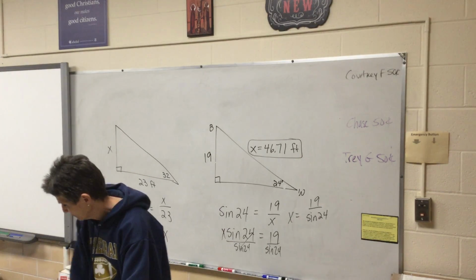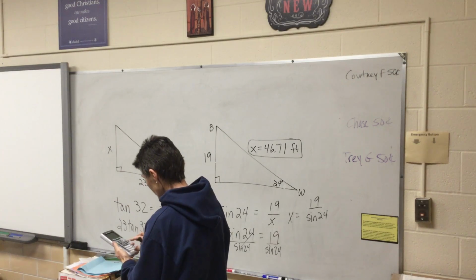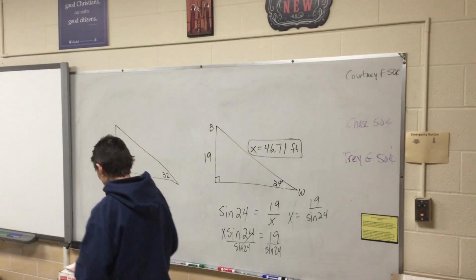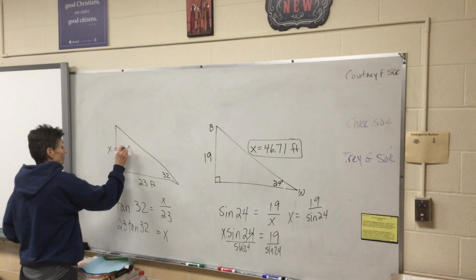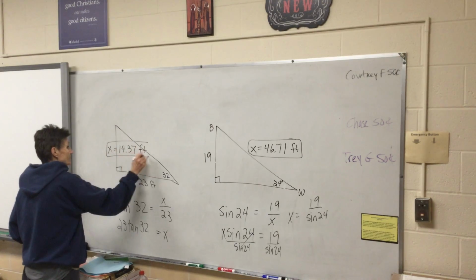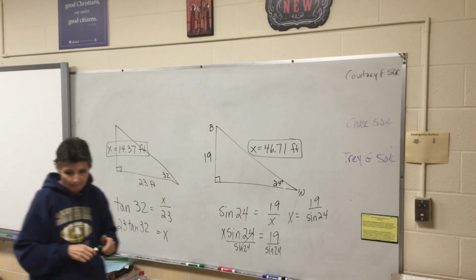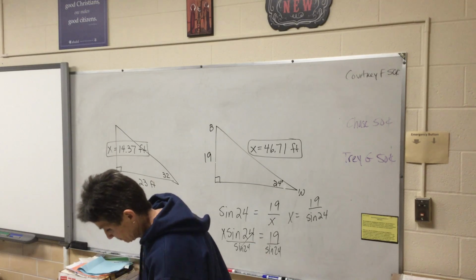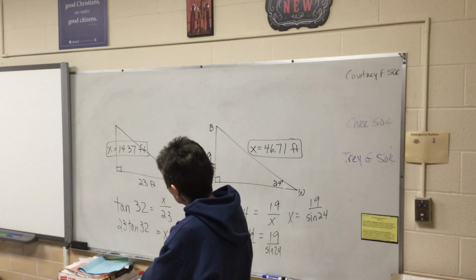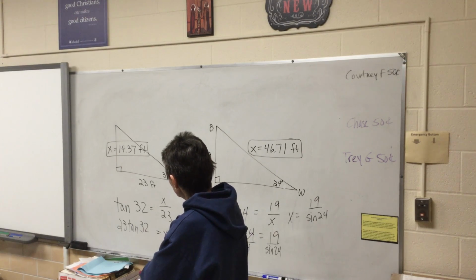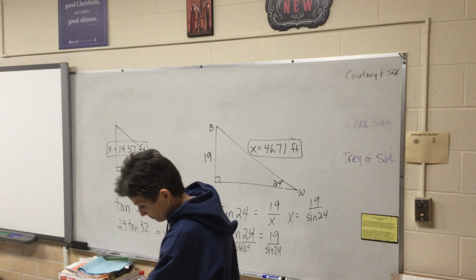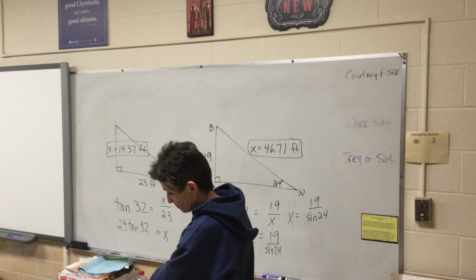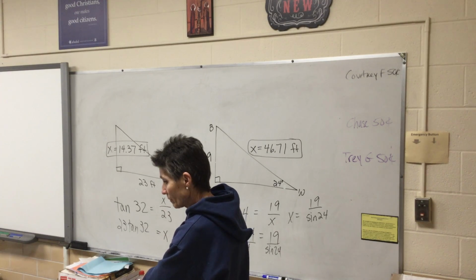Type it in on my calculator. 23 tangent 32. 14.37 feet is the height of the flagpole. Okay?